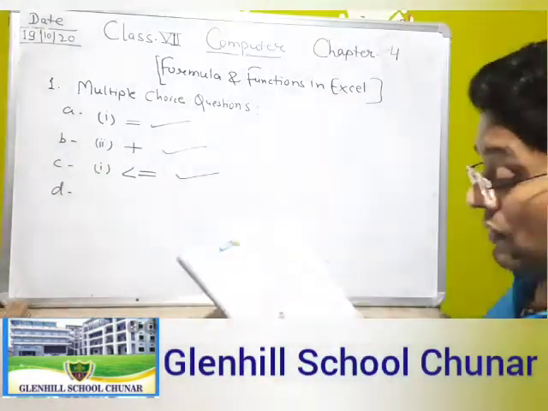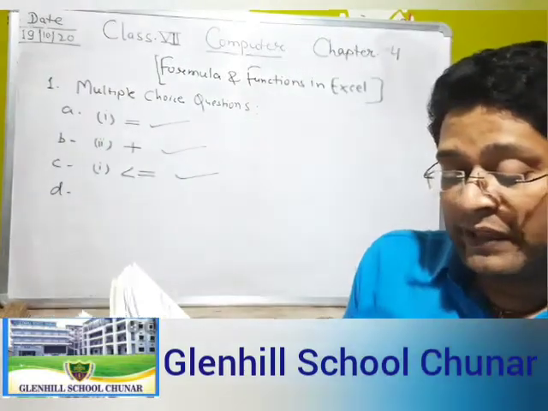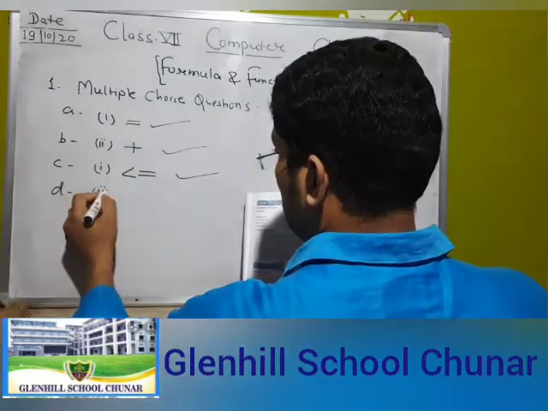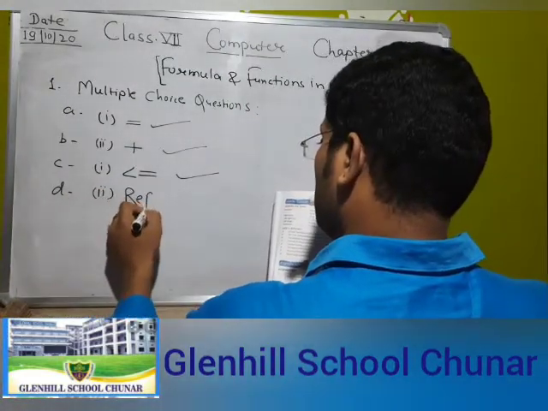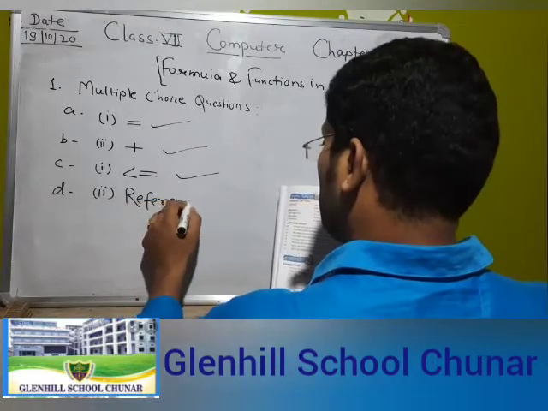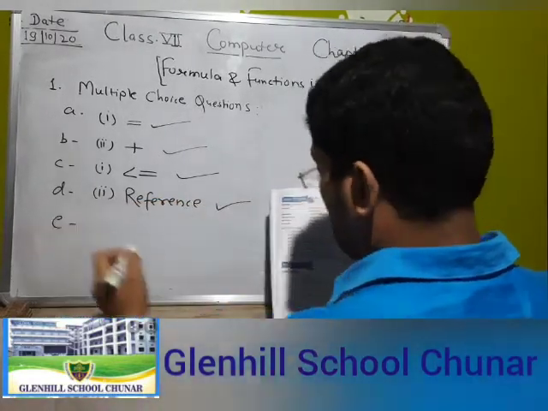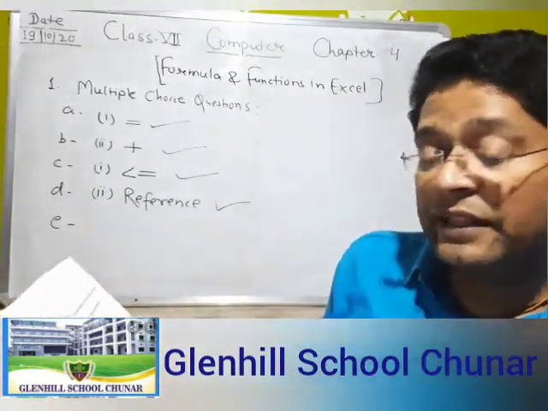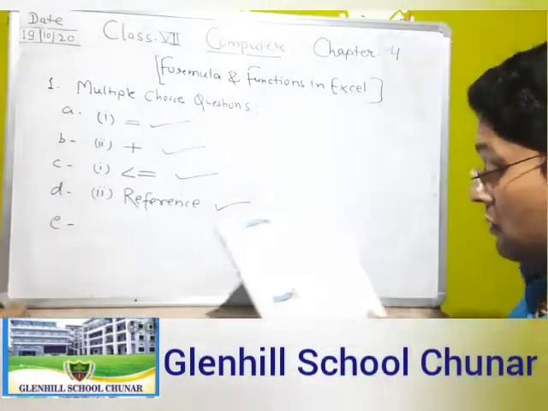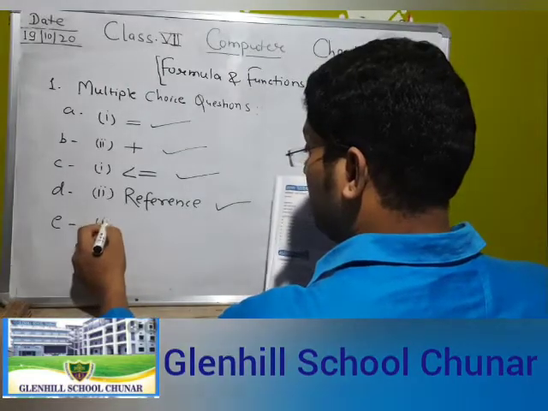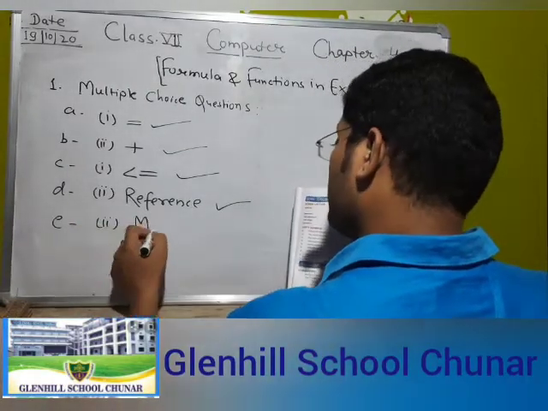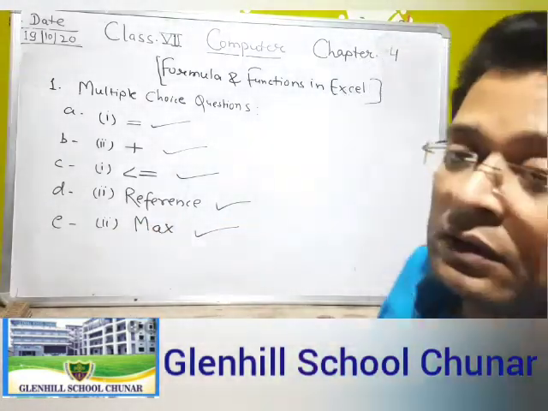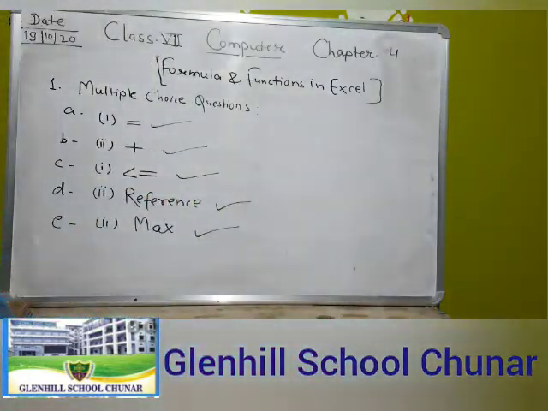D, the formula that compares the two cell ranges is reference, second option. And the last MCQ: a function that returns the highest value in a series. Second option, max. Please take the correct one.